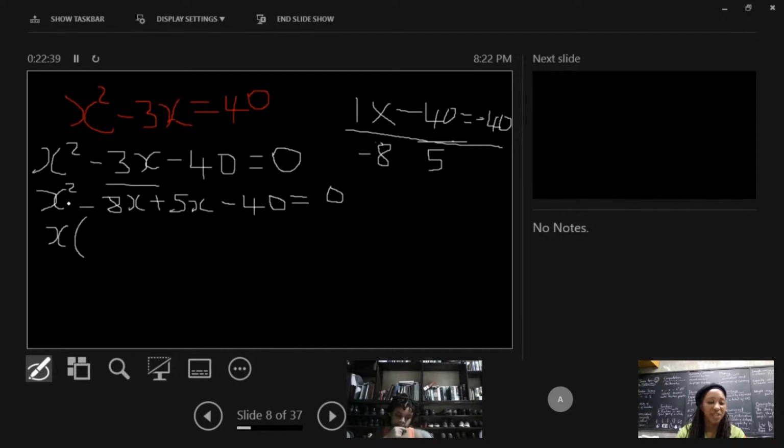And if we divide each of these terms by x, we're going to be left with x minus 8. The common factor for the 5x minus 40 is 5. X is not common. If we divide each of these terms by 5, we're left with x minus 8.